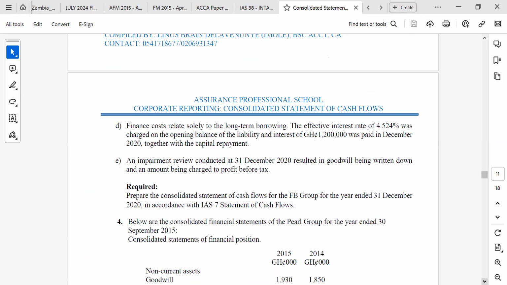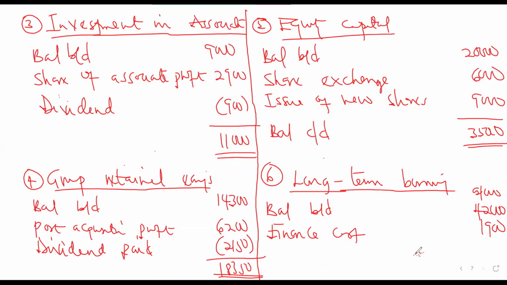So what is the portion of the interest that we are paying? How much has been paid for the interest? So out of the 1,900, how much was paid? 1,200. Okay. So we are paying 1,200.